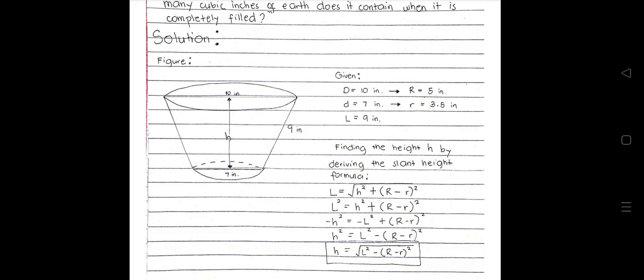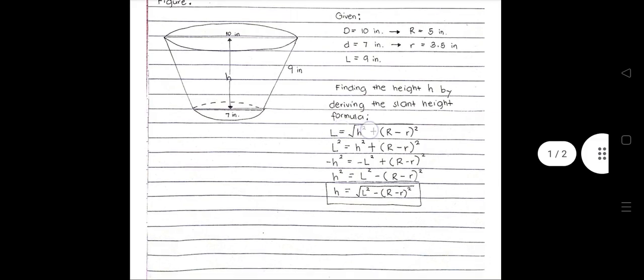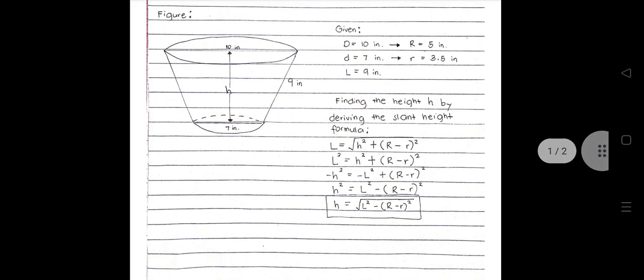The formula we will use to get the height is derived from the formula of the slant height: L equals square root of h squared plus (R minus r) squared. We derive it and solve it.